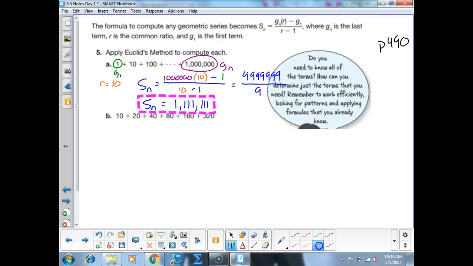G sub 1 is there. G sub n is there. My R value is 2.